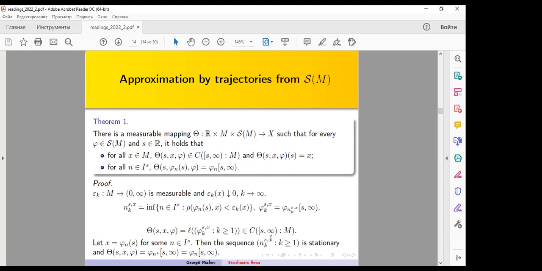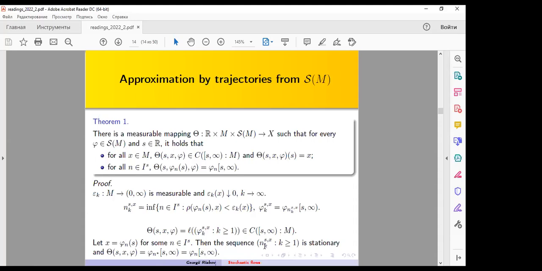As a result, we will get its limiting point, which will be a continuous function that started from x at time s. Now, if x is already on the skeleton, then the sequence of approximations is stationary. So approximations have a limit, and we will get this limit.